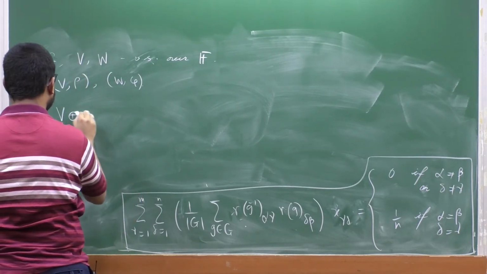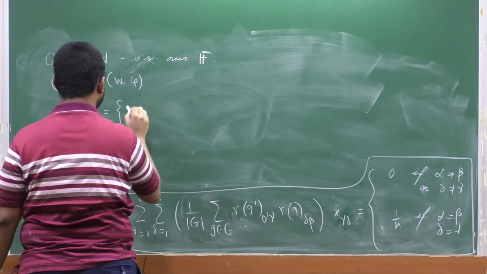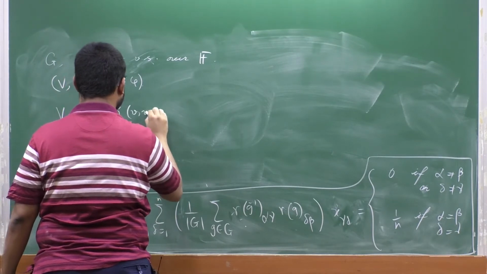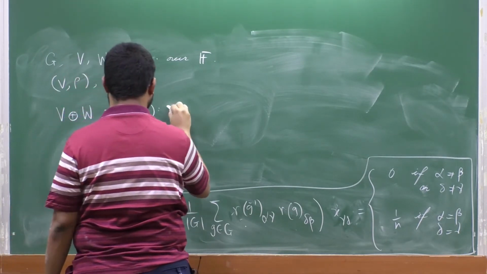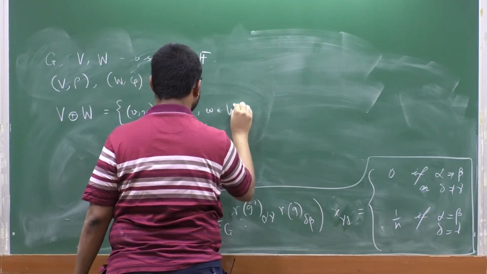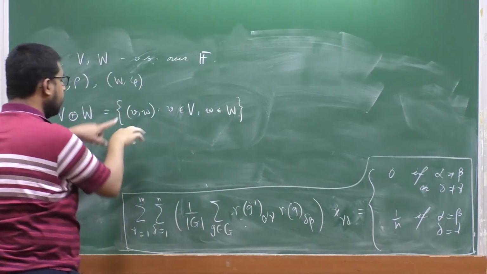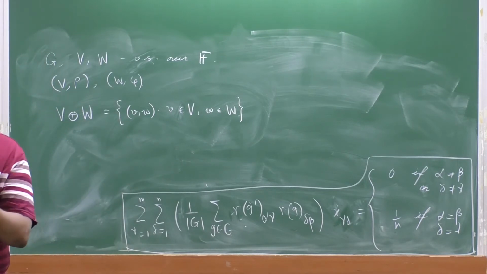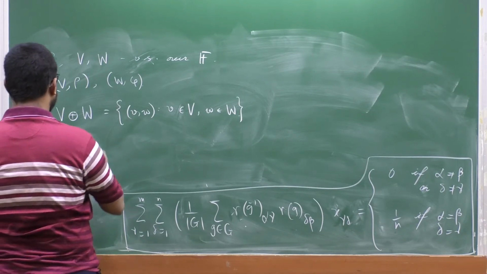Recall that V direct sum W is basically the Cartesian product, and it is a vector space with respect to componentwise addition and scalar multiplication. Okay. So, this is a vector space.